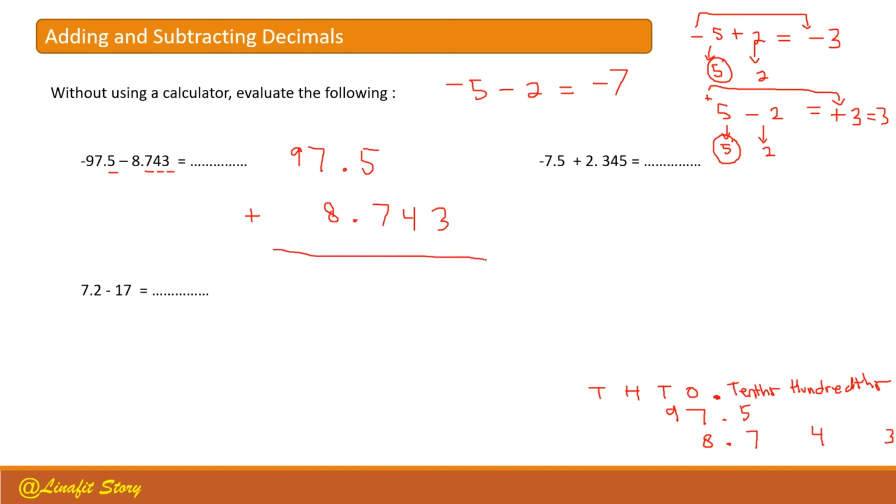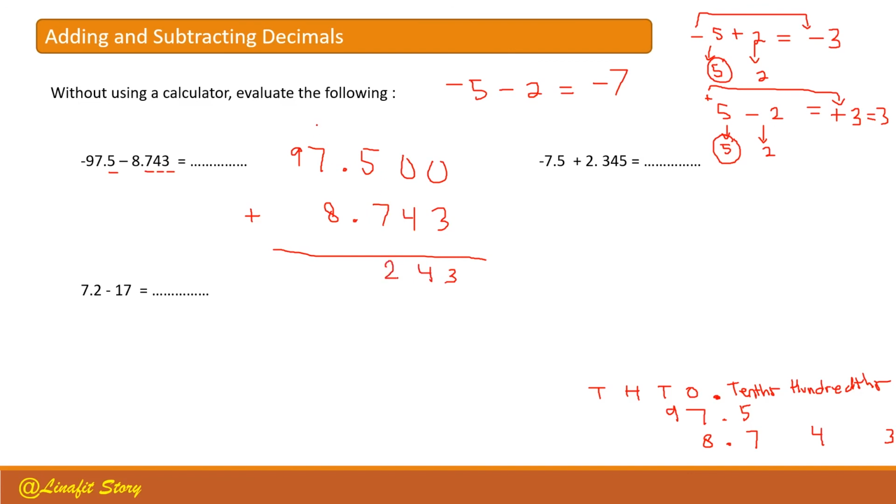Next, let's count. 97.5 has one decimal place, while 8.743 has 3 decimal places. Put 2 zeros here so that the two numbers have the same number of decimal places. 0 plus 3, 3. 0 plus 4 is 4. 5 plus 7 is 12.